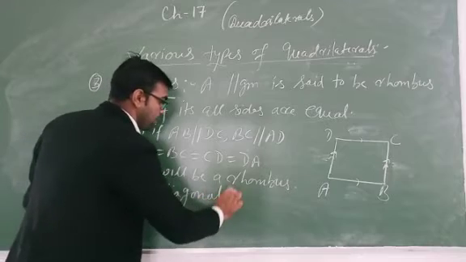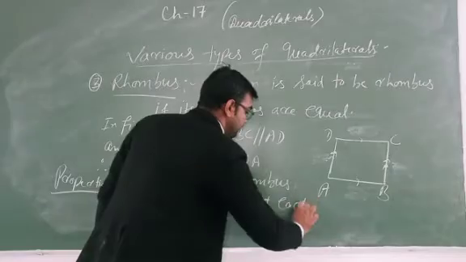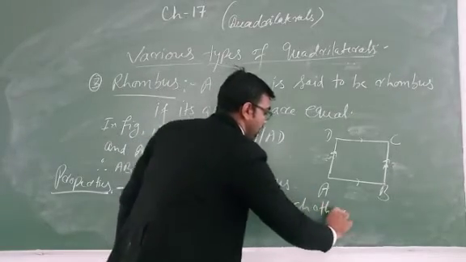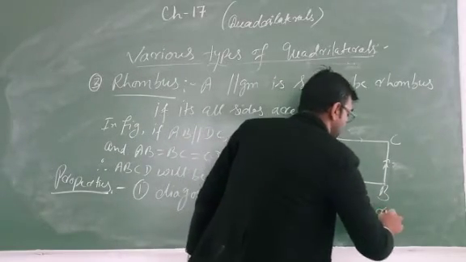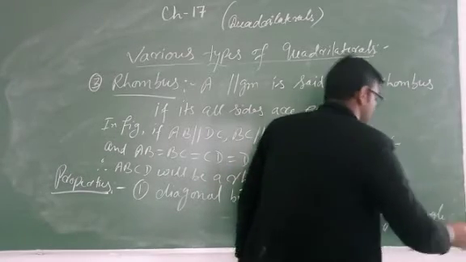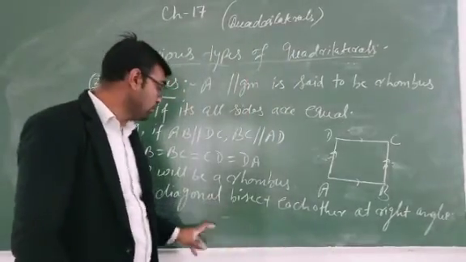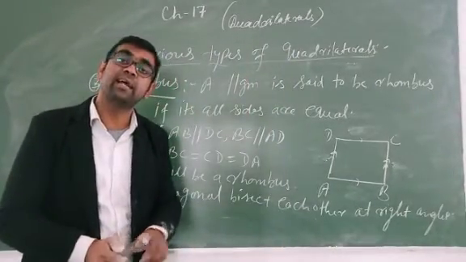Diagonals bisect each other at right angles. Means the diagonals of a rhombus bisect each other at right angles.